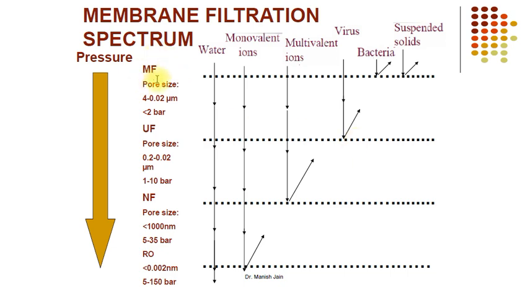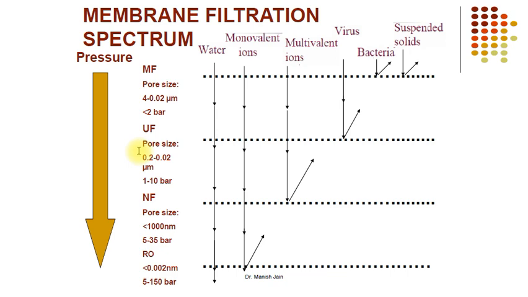Now the microfiltration membrane. With a microfiltration membrane, generally all types of salts and microorganisms can pass, but it can reject some big bacteria as well as suspended solids. Microfiltration is generally the pre-requirement for ultrafiltration, nanofiltration, and reverse osmosis membranes.